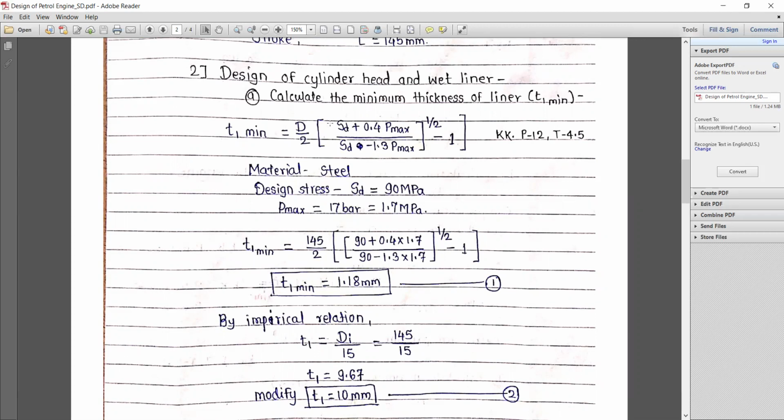Refer to Kale Khandare, page number 12, table number 4.5. For this wet liner, the material should be selected previously. That material is stainless steel having a design stress of 90 megapascal, and the maximum pressure is 17 bar, which we have already calculated, so it is 1.7 megapascal.